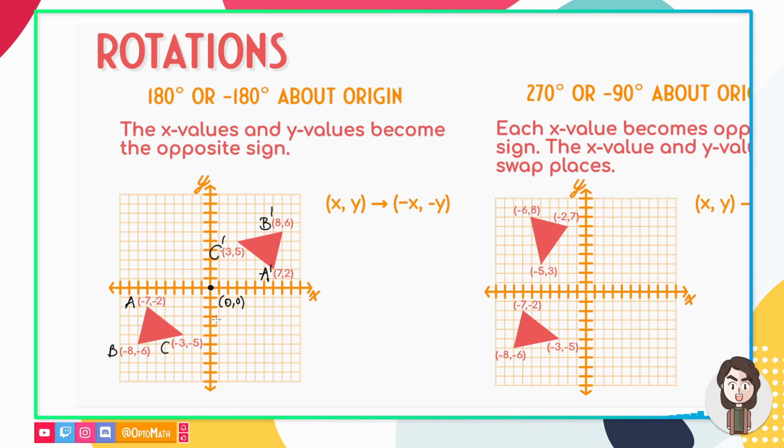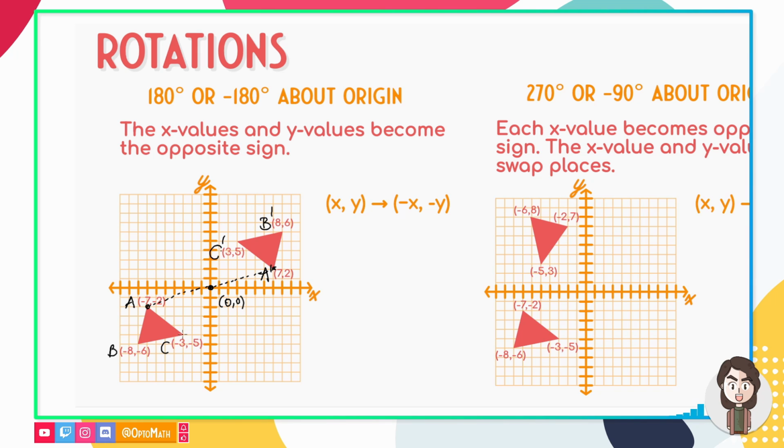And remember, we can easily tell visually what the degree of rotation is if we connect our pre-image point to the center of rotation to the image point. So we see that that's a straight line, which it should be because we're doing that 180 or negative 180 degree rotation.